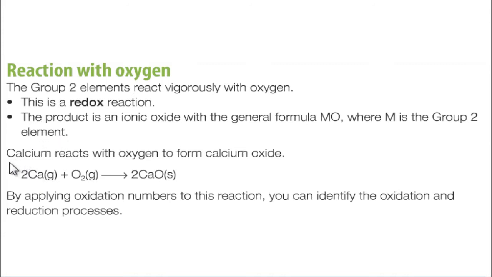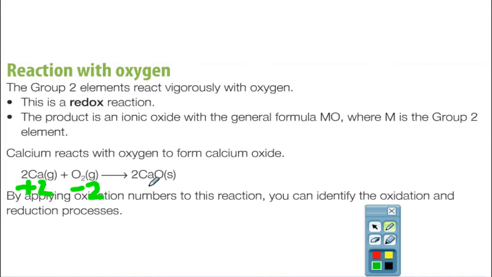So if we react with oxygen, we get 2 calcium plus O2 makes 2 calcium oxides. If you apply oxidation numbers, we're going to do that now. Calcium is plus 2, oxygen is minus 2, and therefore 2 oxygens is minus 2 minus 2, and plus 2 plus 2. So no 2- ion has formed like in previous tutorials, but rather it is cancelled out completely to 0.